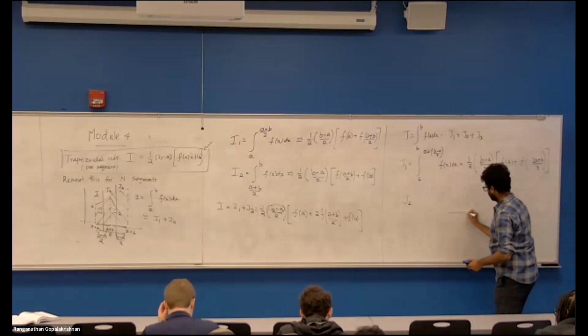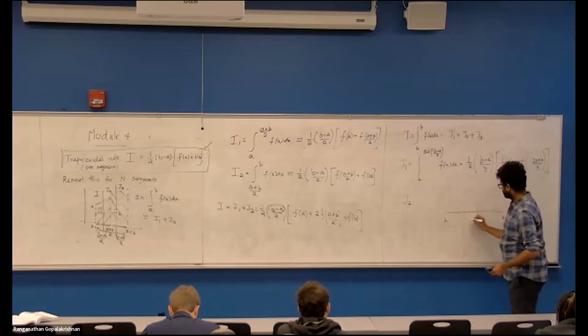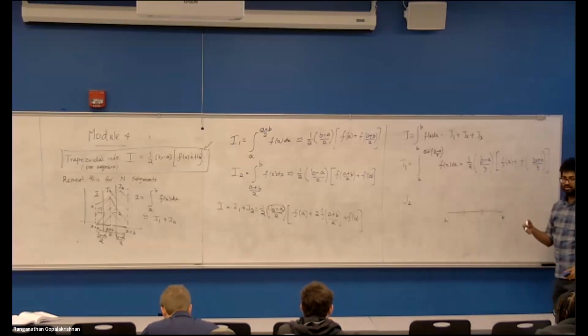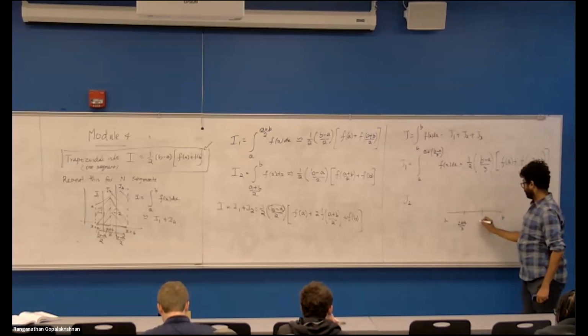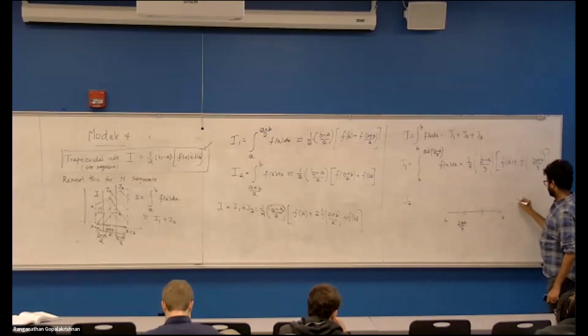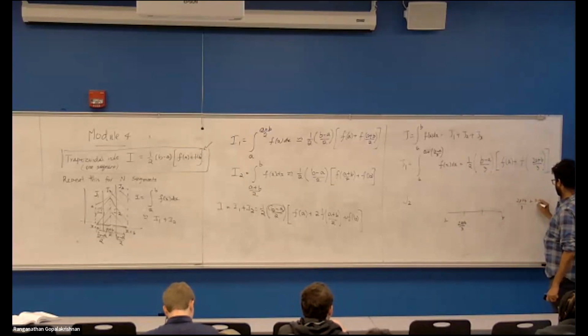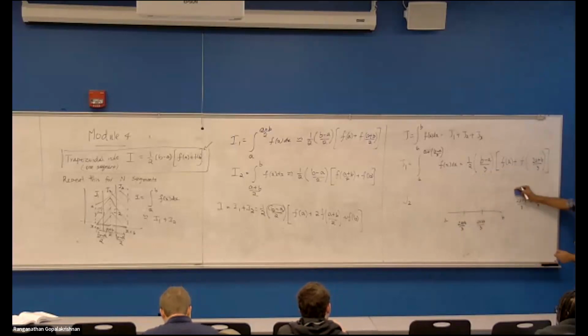I have the segment a to b, and I have to chop this into 3 slices. The first point will be 2a plus b over 3. The second point will be 2a plus b over 3 plus (b minus a) over 3, which is a plus 2b over 3, and then I have b.